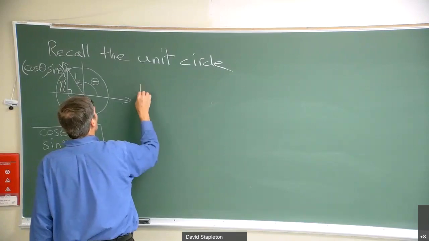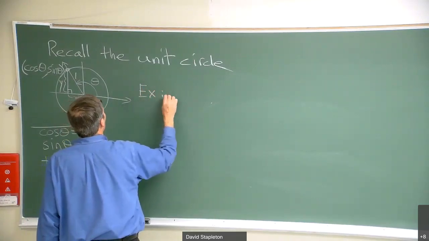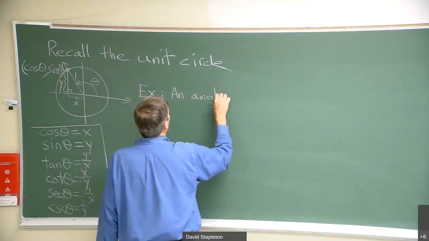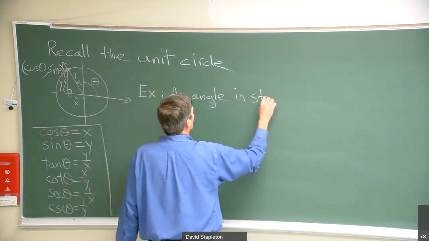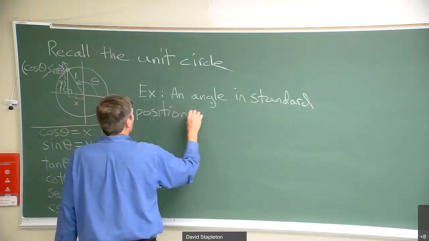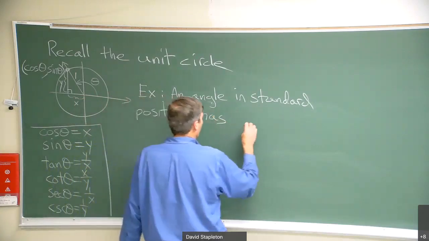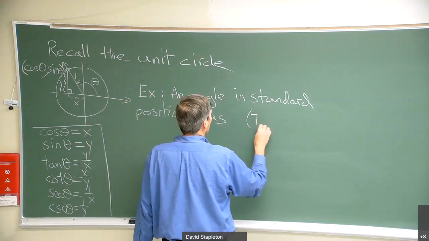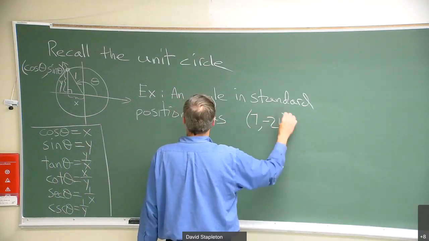And then we could do things like this. Suppose we have an angle at standard position, and it has this point on it, 7, minus 24.